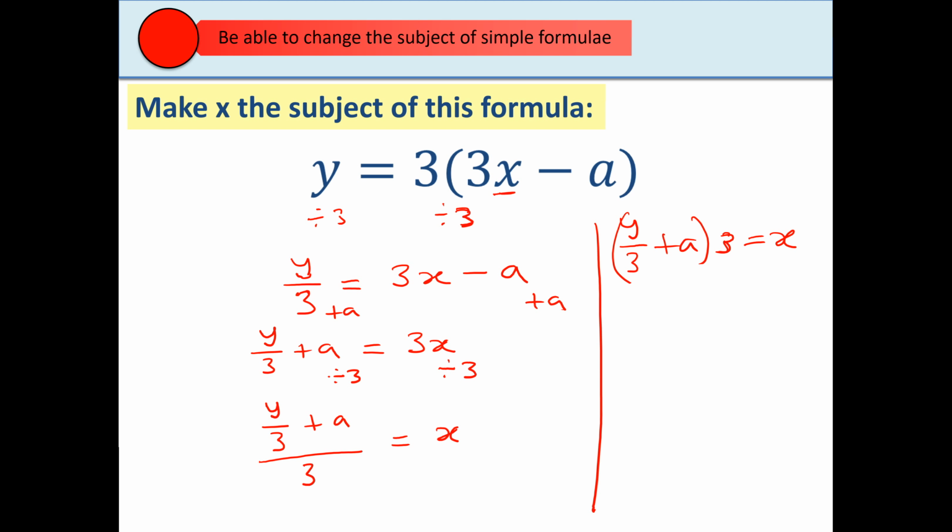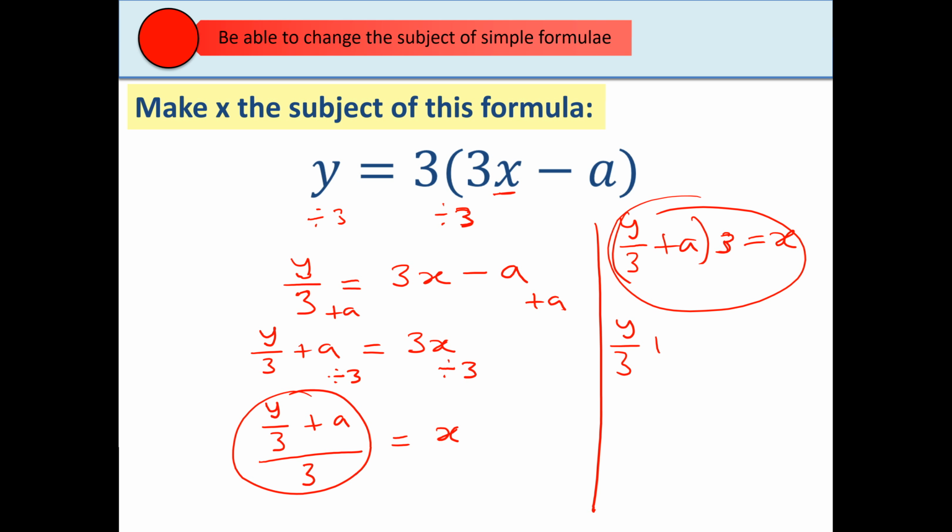Now you must be thinking, how do I get from here to there? It's quite confusing, I know, but if you want to make it a bit simpler, what you can do is write it out. So y over 3 plus a.